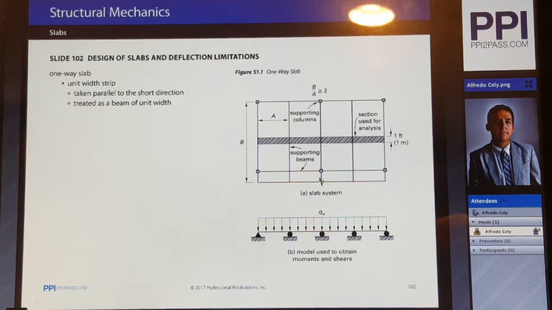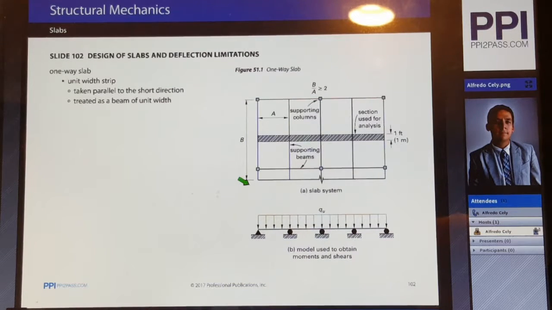Now figure 51.1. We can see the slab in a plan view, and then we can see the slab in a section view based on that unit width strip. So that one unit width strip is treated as a beam.